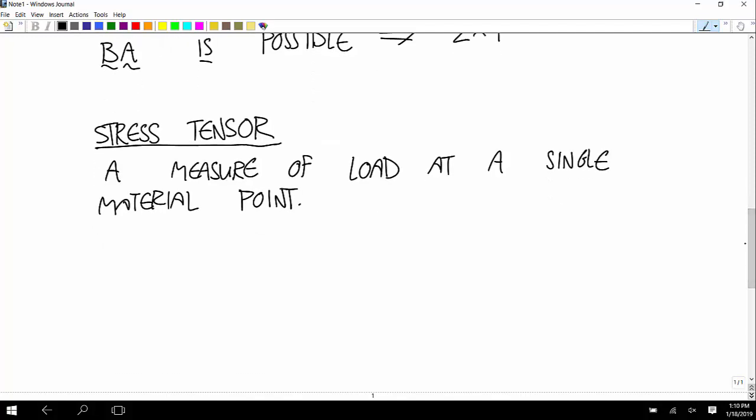And not only is it a measure of load at a single material point, but it's the best single measurement. You can put some things together to get better measurements, but if you're looking for a single physical quantity that gives you the best sense of whether you're going to have a fracture start at a point, this is it.